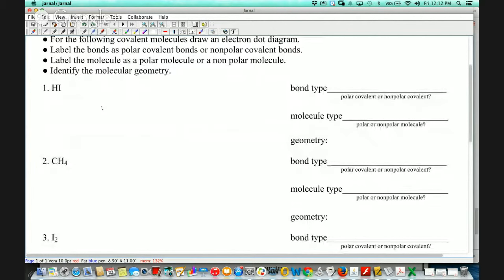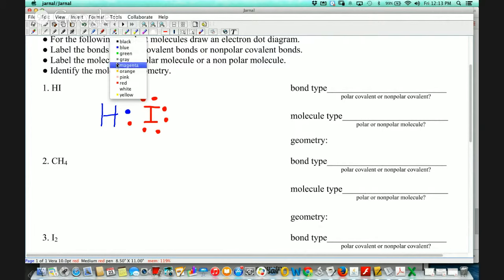So let's start. You should have an H here. And we know H has one valence electron. Iodine has 7 valence electrons, and we should know where that is. And of course, we're looking to fulfill the octet rule.